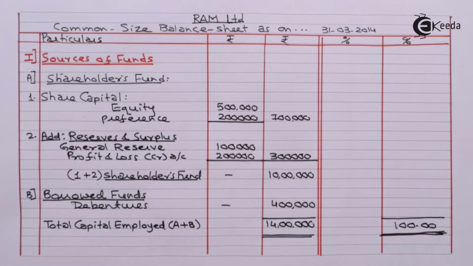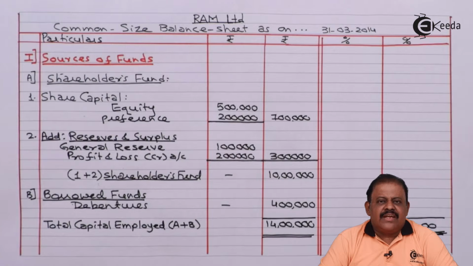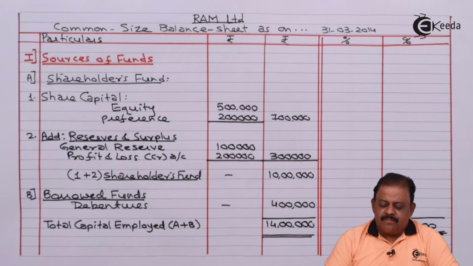All the values in balance sheet will now be converted taking base of these total assets, that is total capital employed, which is taken equal to 100. The formula is very simple.